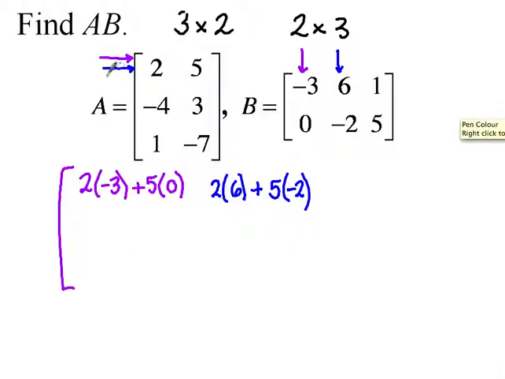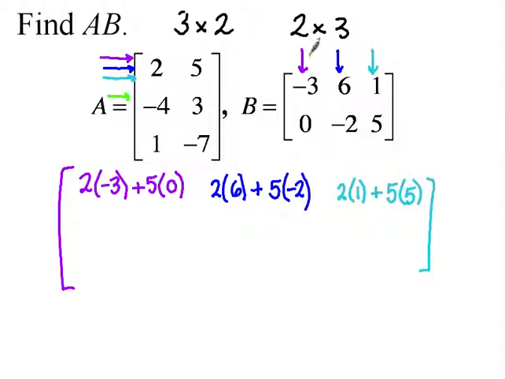And then I'm going to do row 1 and column 3. So I'm going to take 2 times, and then 5 times 5. Now, if you notice, all of the numbers outside the parentheses match. The 2's always first and the 5's always next. So let's start. Where do I go next?